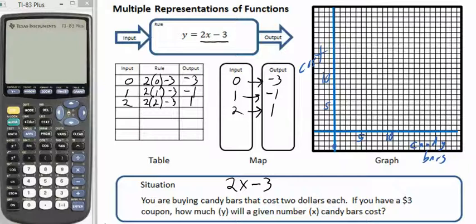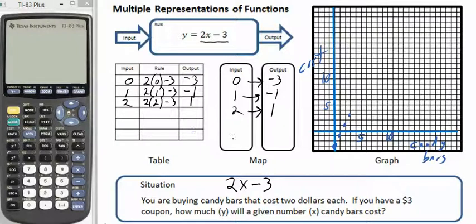Now, most stores won't give you the $3, but that's another story. At 1, they still owe us $1. But at 2, we have to start paying. Since this is a constant rate of change, $2 for every candy bar, what do you think the next one's going to look like? It went up 2 and over 1, so up 2 and over 1. It's probably going to be right there.